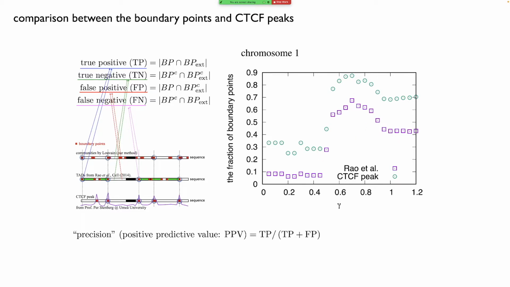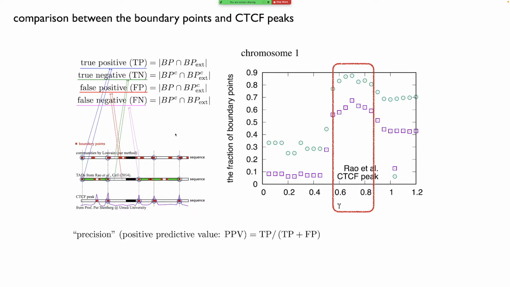And as you can see here, for chromosome 1, around a gamma value close to 0.7, the overlap between the community boundary points we found and both the CTCF enrichment and this TAD boundary point reported in the Cell paper becomes maximum, measured by this precision value. Therefore, if we adjust the resolution parameter properly, we can recover this TAD with the property of the CTCF enrichment as a biological evidence.